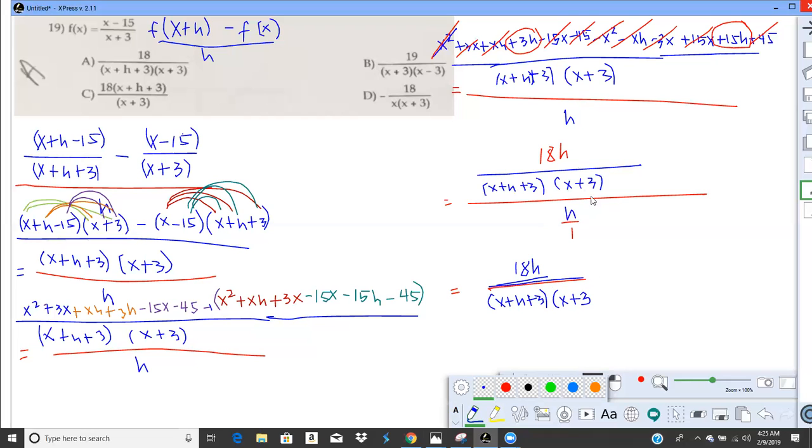This red line, which is a division sign, becomes a multiplication sign. You flip, so this becomes 1 over h. And so this h right here will cancel out with this h right here. And then finally, your answer is 18 over x plus h plus 3 times x plus 3. That's why your answer is letter A.